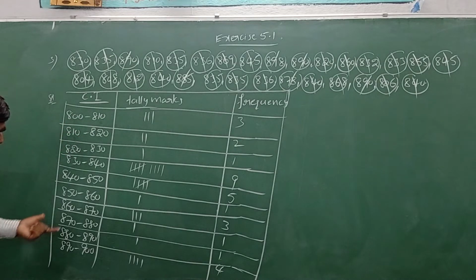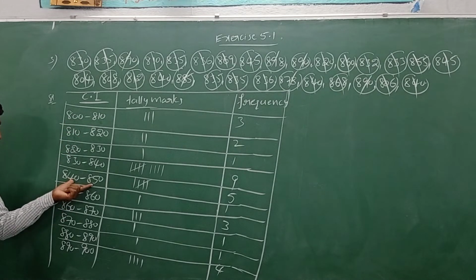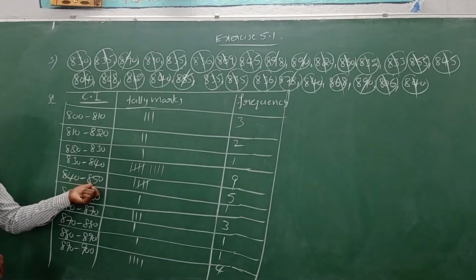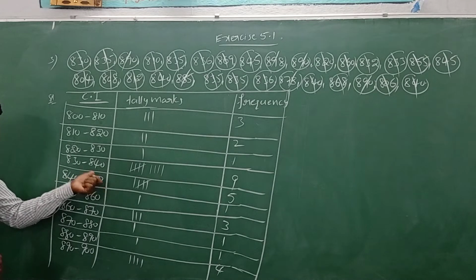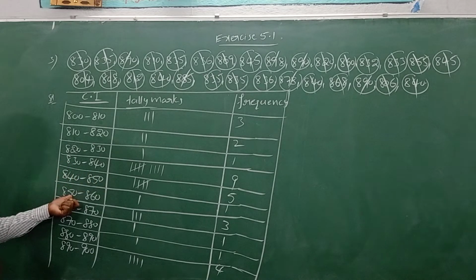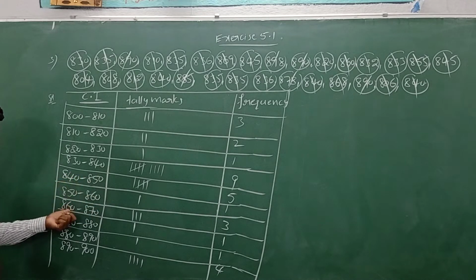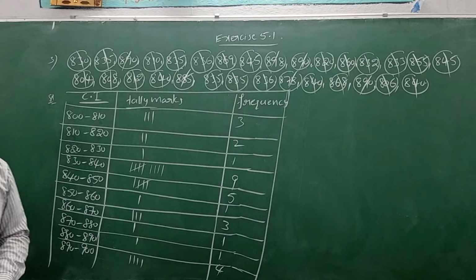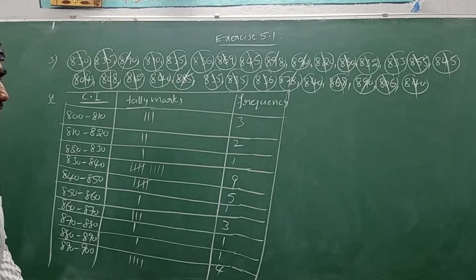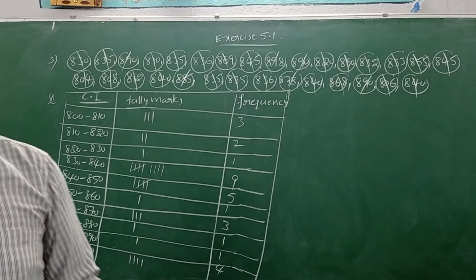Suppose we take this particular class interval, we'll take the observations falling from 840 to 849. 850 will be considered in the next class. Here we can take from 850 to 859. 860 will be considered in the next class interval, 860 to 869. So that is the way you can draw the grouped frequency distribution table.